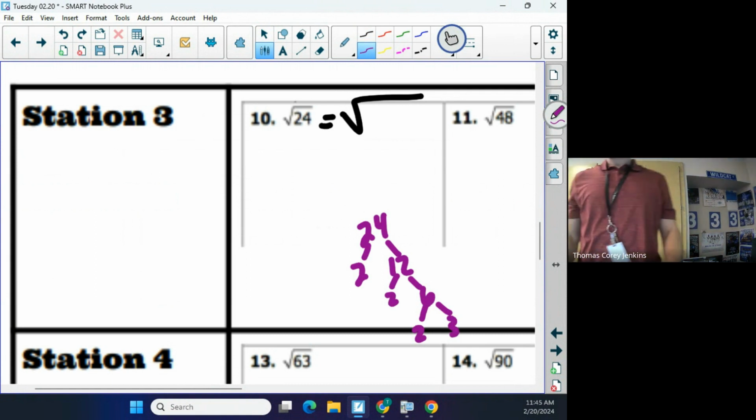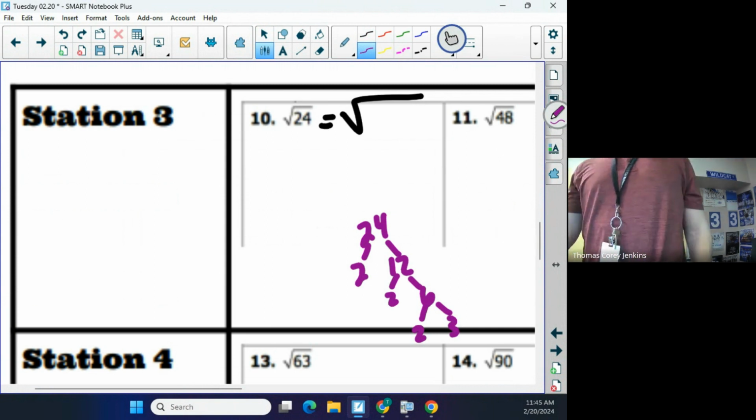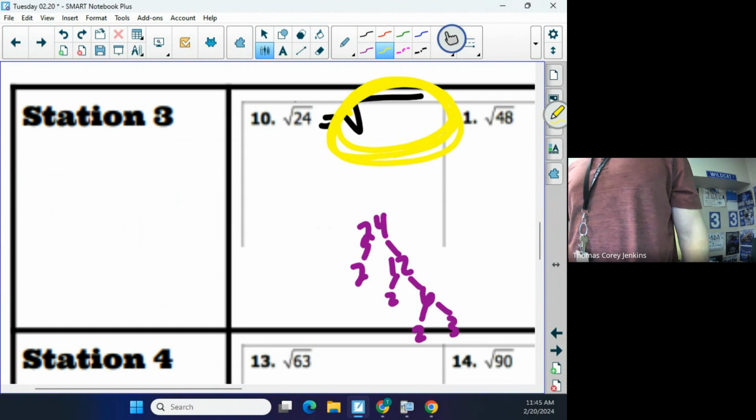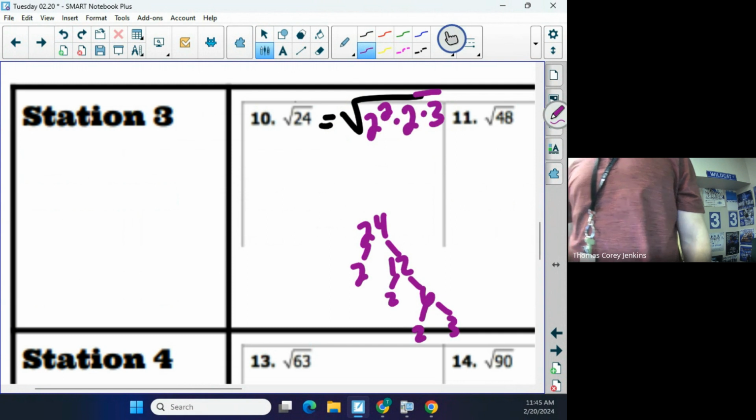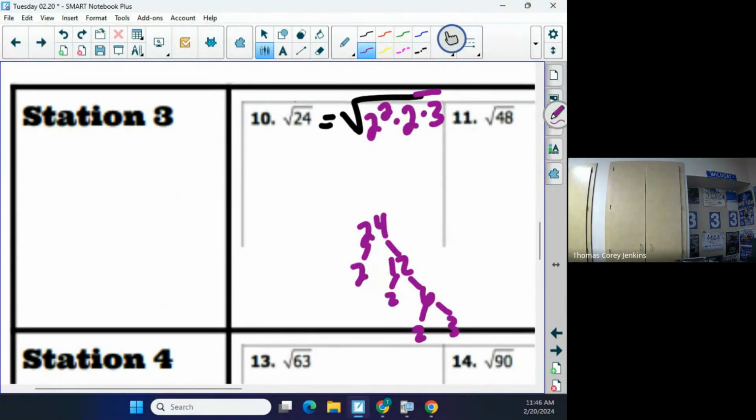So 24 is equal to 2 to the 3rd power. Read my factor tree: 2 to the 3rd power because we have 1, 2, 3 2s times 3. 2 to the 3rd power times 3. Now, when I show my work under here, I'm going to write 2 to the 3rd power in kind of a weird way. Stay with me, though. So 2 to the 2nd power times 2 times 3. Now, why would I have broken up 2 to the 3rd power this way?